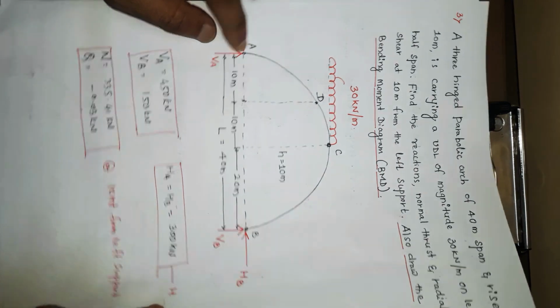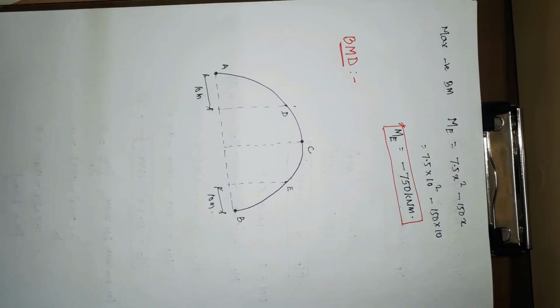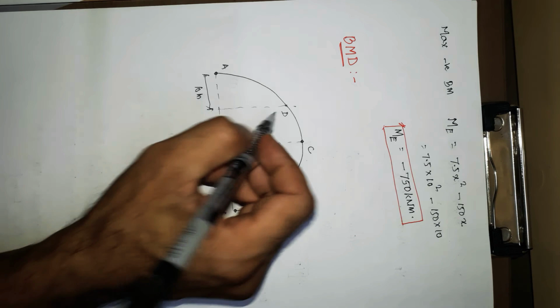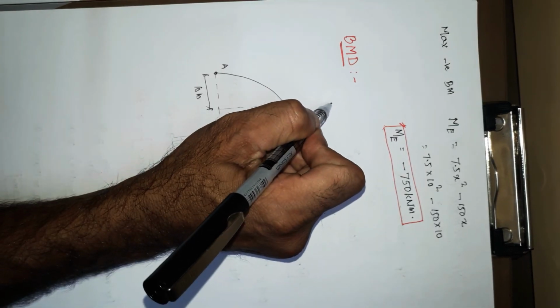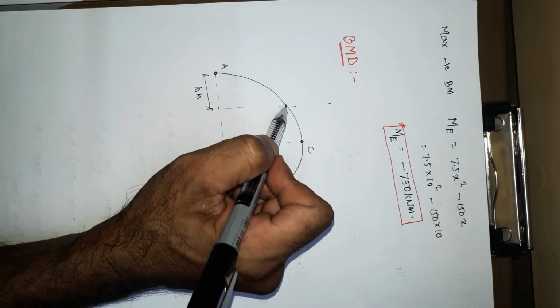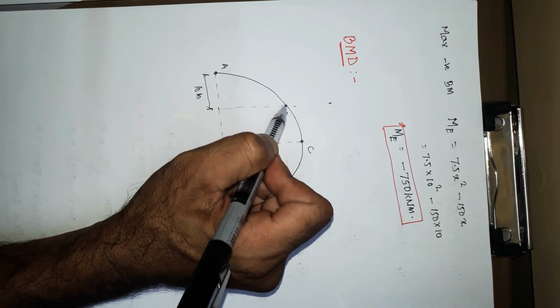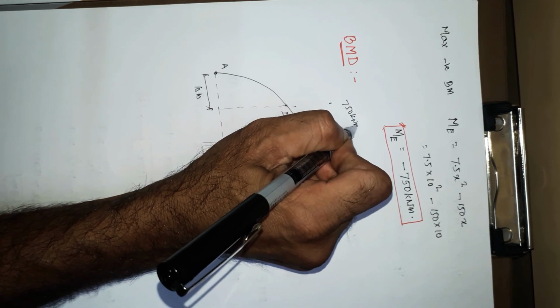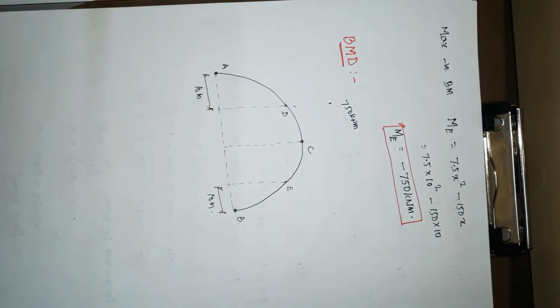And we are going to mark the bending moment at D. The bending moment at D we have already calculated, that is 750 kilonewton meter plus. It is a plus value, which means above the arch you have to draw. At D it is 750 kilonewton meter above the arch.